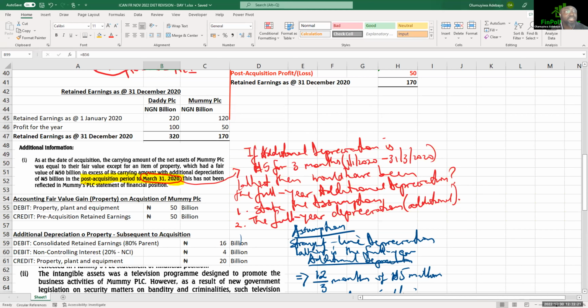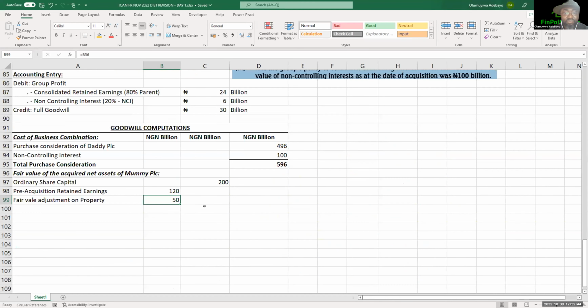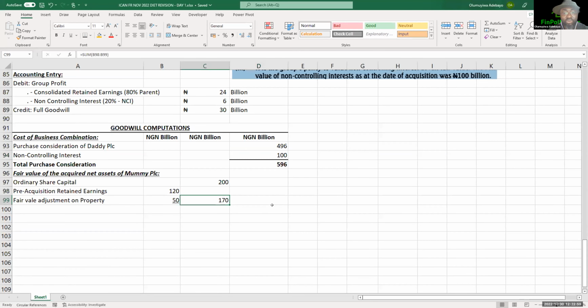I'm scanning through my question. I don't think there's any other adjustment. Therefore, everything else sums up to 170. Therefore, I sum this up.